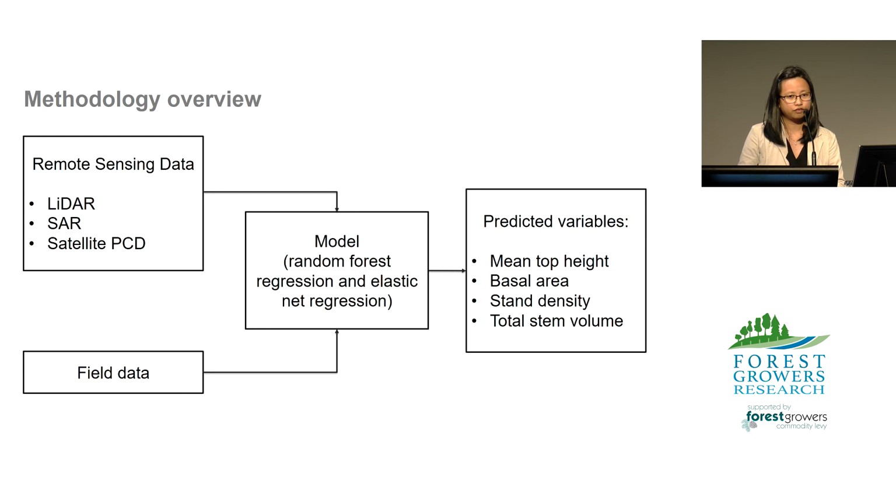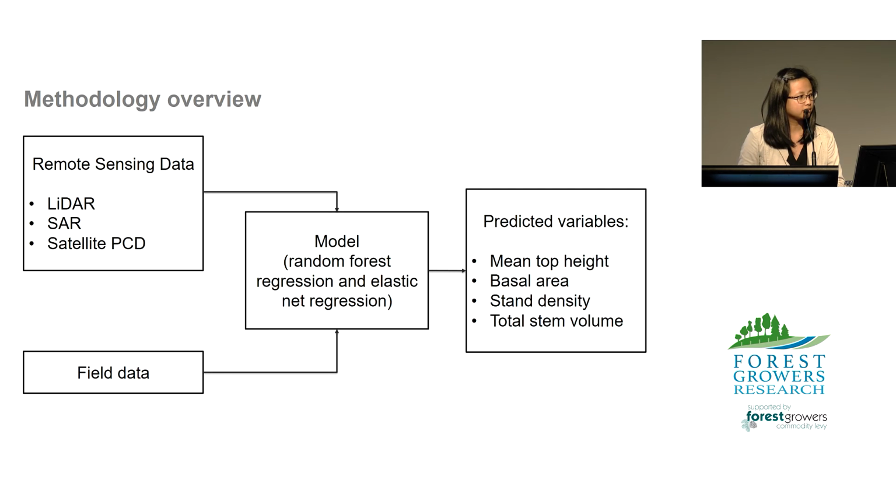A general overview of our methodology includes the three remote sensing data sets that we have and how we compare it with the field data. And these groups of data sets are used as an input to models. So we used random forest regression model for SAR.